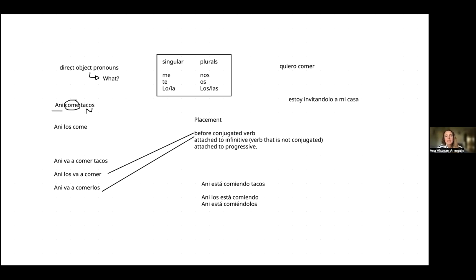So these are the three places where you can put the pronouns. And just remember a hint, something that could help you. There's always going to be a conjugated verb, so you can always put them before a verb.